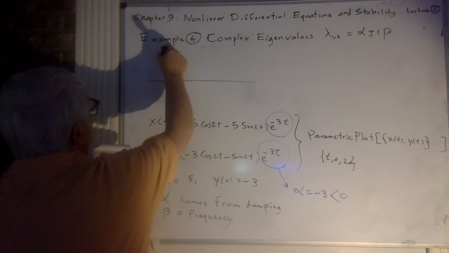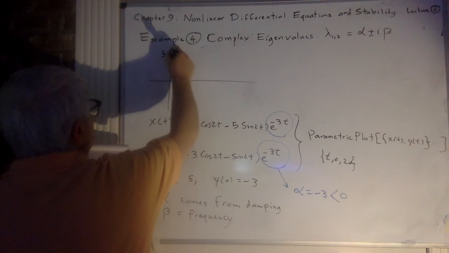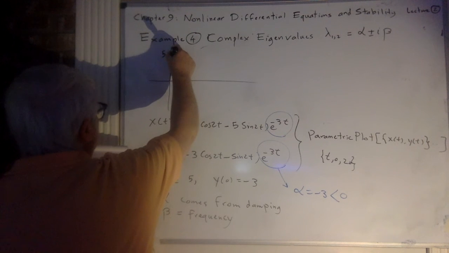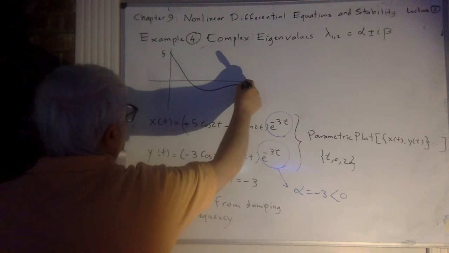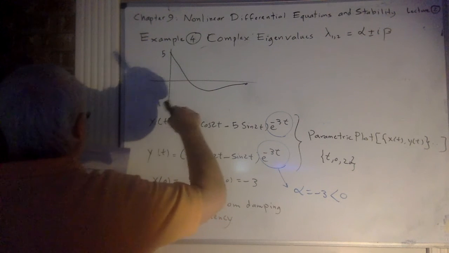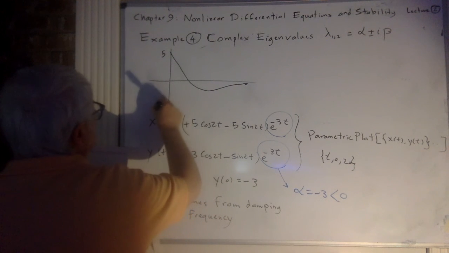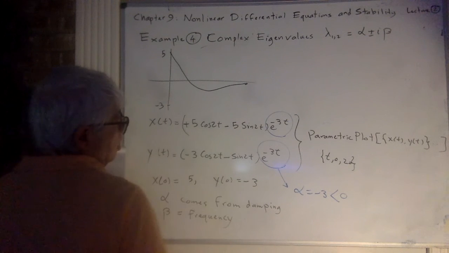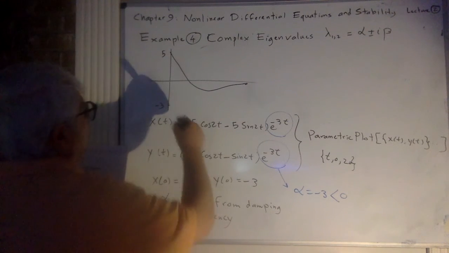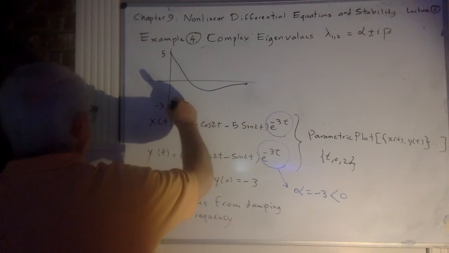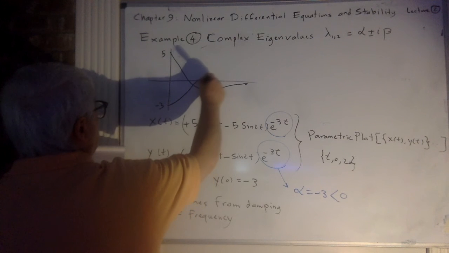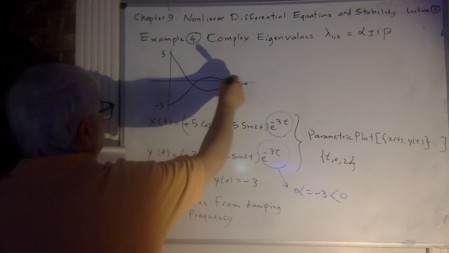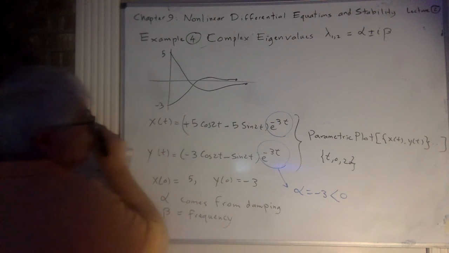If it starts at 5, you can see that it's just too much damping, so it just comes down and goes to 0. The other one starts at -3. But with smaller alpha here, you would get some vibration. So anyway, this one goes like this. But both of them go to 0.